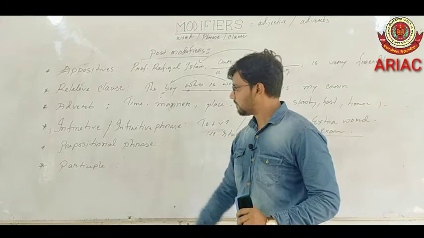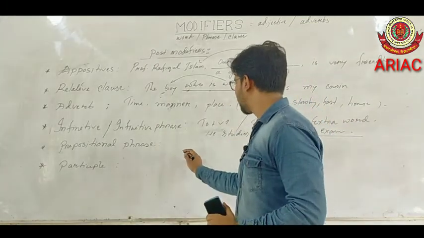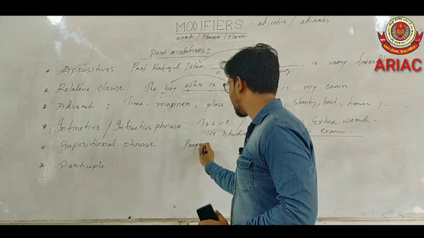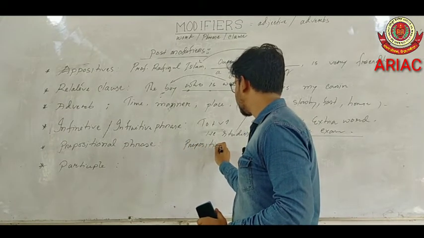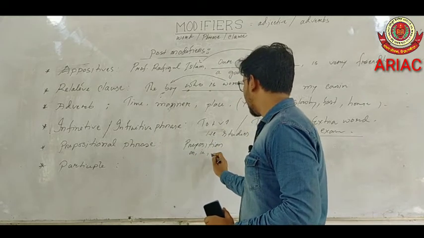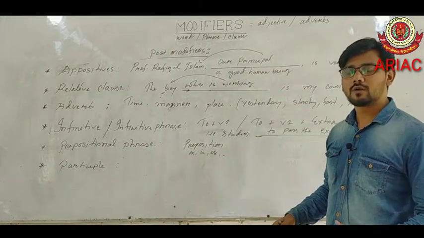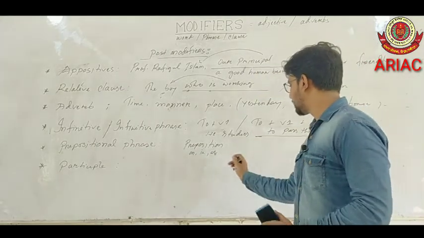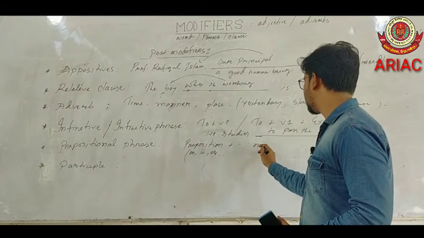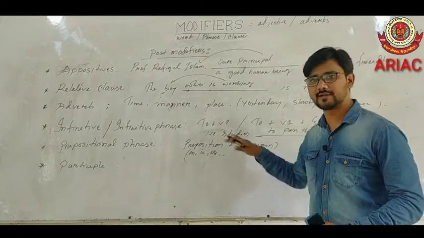Next comes the prepositional phrase. What is a prepositional phrase actually? It starts with a preposition. We all know what a preposition is: on, in, at, with, for, without, by. These are all prepositions. It starts with a preposition and ends with a noun.